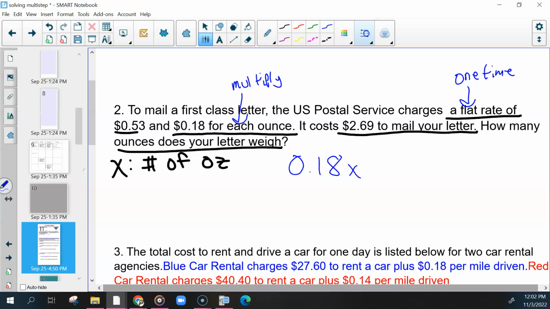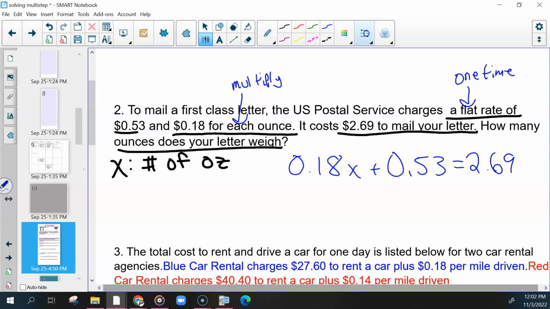Minus 0.53. Now, are we subtracting this from this? This represents our total. So would we subtract this? And then equals 2.69.